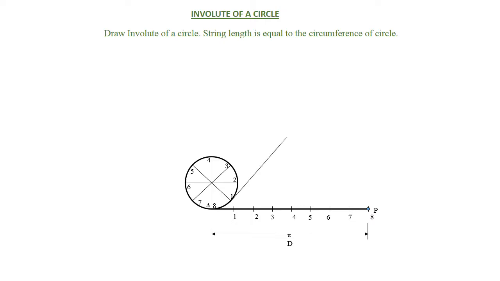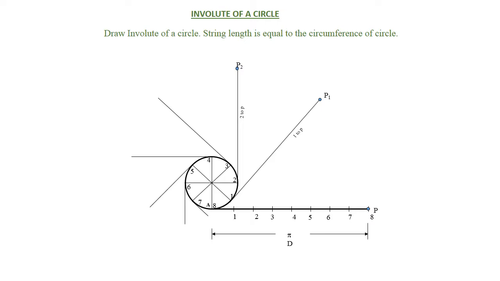Before that we have to draw the tangents through the points on the circle, like this. Now along these tangents we have to mark the points. When it reaches 1 on the circular disc, A to 1 is already covered, so we take the 1 to P distance in a compass, and mark it along the tangent passing through 1.